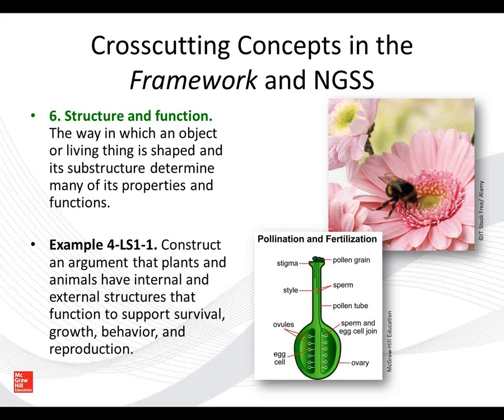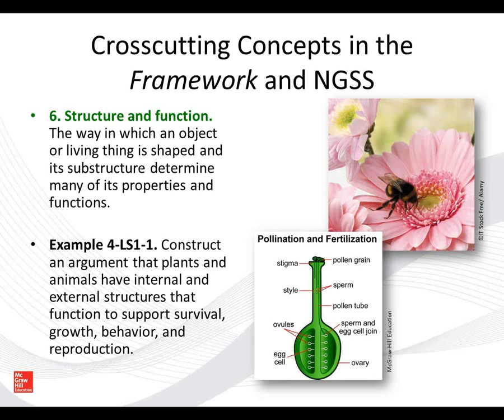In the case of science, in this case, understanding how a bee pollinates a flower has to do with the way the structures, both of the bee and of the flower, interact. So in this example, students are able to construct an argument that plants and animals have internal and external structures that function to support survival, growth, behavior, and reproduction.